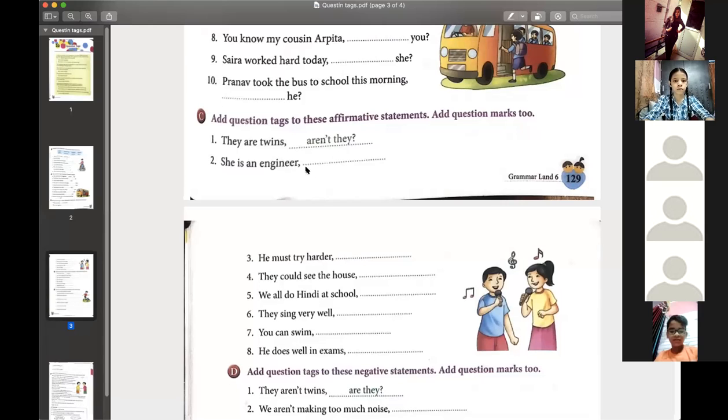All right. See the seventh one. You can swing, dash. Not the correct.